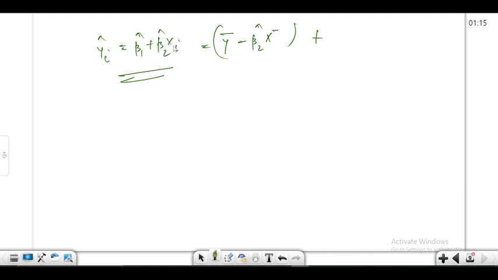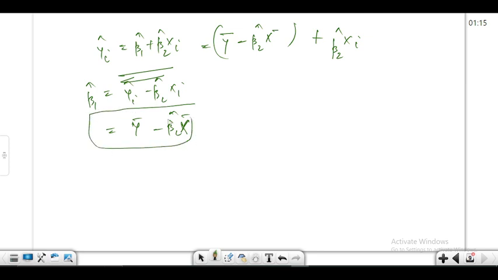Instead of using xi, I have used x bar, and instead of yi hat, I have used y bar, plus beta 2 hat xi. I've taken your beta 1 hat value from here. Beta 1 hat is equal to yi hat minus beta 2 hat xi, and in here I have used y bar minus beta 2 hat x bar, because my regression line is passing through x bar and y bar.